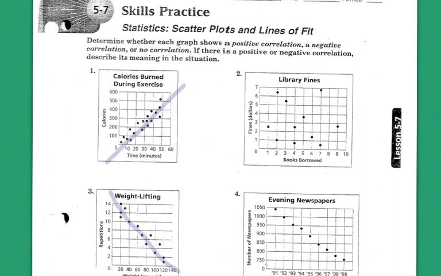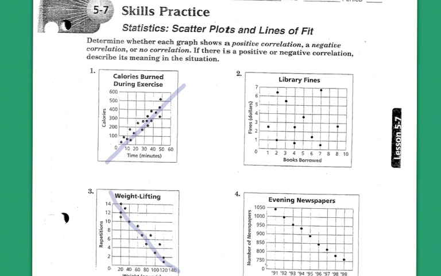Now on these, when they ask you to describe the meaning in the situation, what they're simply asking you to do is say, okay, what is this data showing us? So on number 1, what it would be showing you is that the more that you exercise, the number of calories that you burn increases.